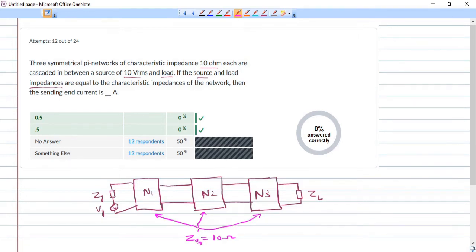Also, it is mentioned that the source and load impedances are equal to the characteristic impedance of the network. So ZL should also be equal to 10 ohm and Zg should also be equal to 10 ohm.